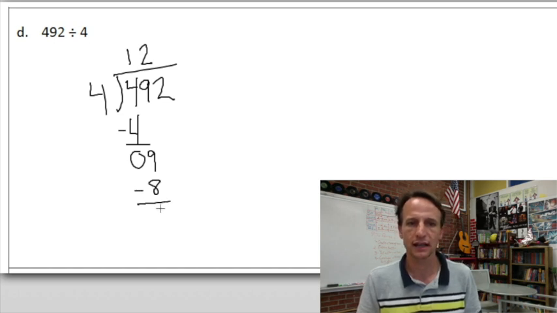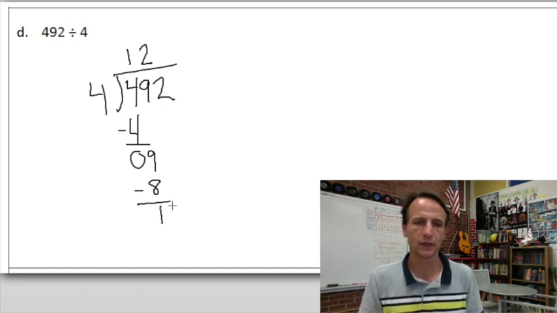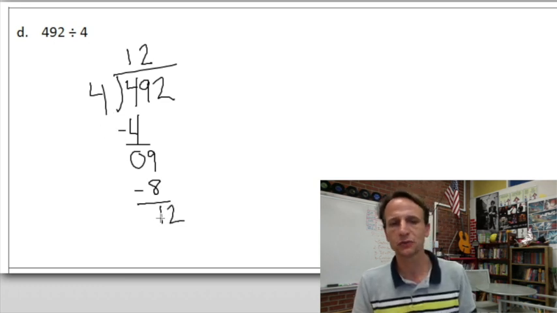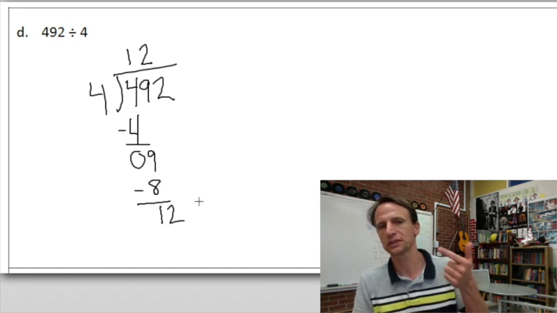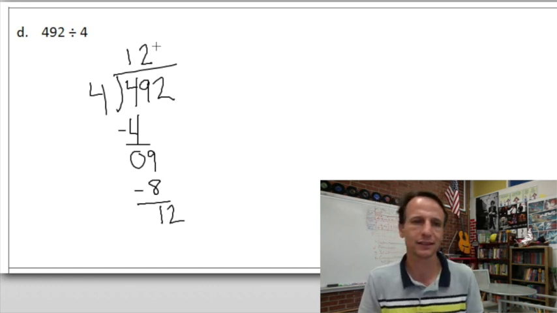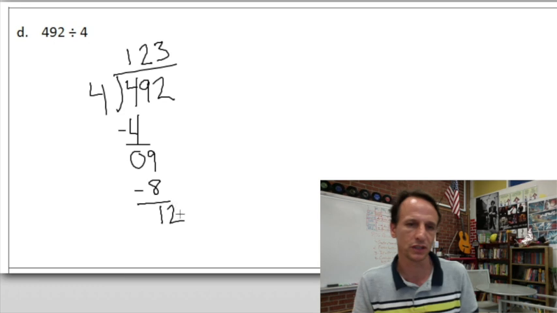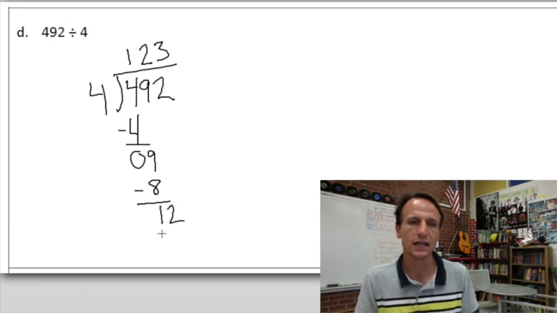Subtract that, and we are left with 1. And now we can divide the 1s, so we have 12 ones. How many 4s in 12? 4, 8, 12. There are 3 4s in 12, because 3 times 4 is 12. And we subtract and are left with 0.